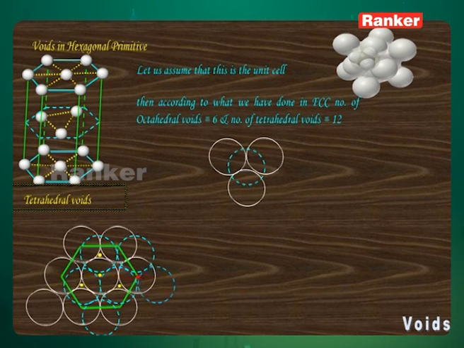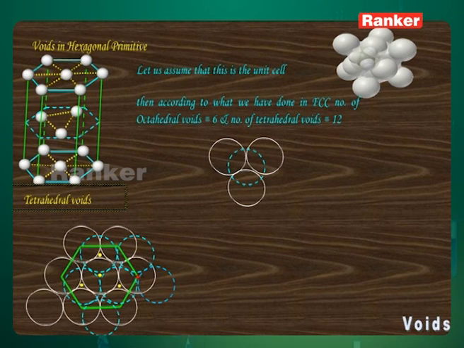So this totally gives us the number of octahedral voids and tetrahedral voids. The coordination number in tetrahedral voids is 4, and the coordination number in octahedral voids is 6. Either in HCP or FCC, the number of octahedral voids is equal to the rank, that is the number of effective atoms, and the number of tetrahedral voids is equal to twice the rank.